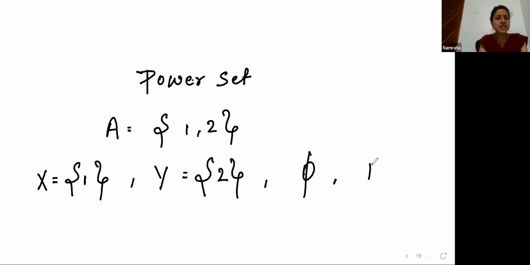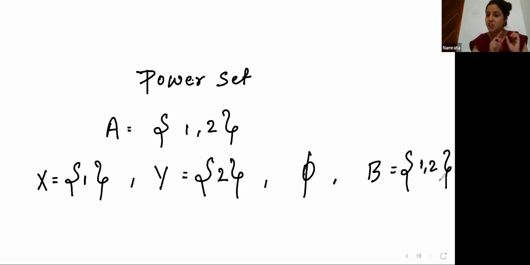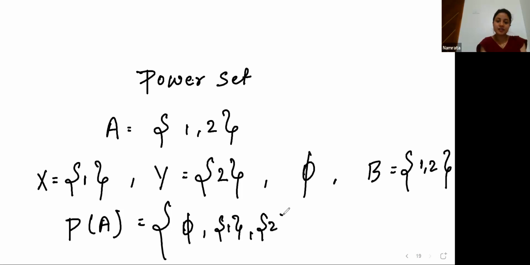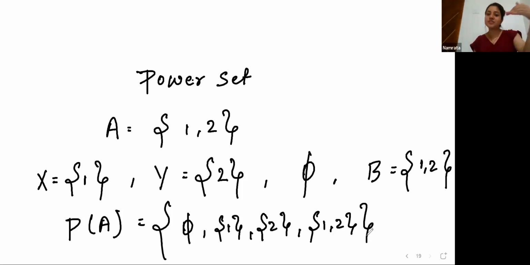Next, if any set B has exactly the same elements 1, 2, then we can say B is a subset of set A because all the elements of B are present in set A. So these are all the possible subsets of set A. And if we list down all the possible subsets of set A, that is phi, {1}, {2}, and {1, 2}, this is called the power set of this set A. So this is how we will write the power set of any set.